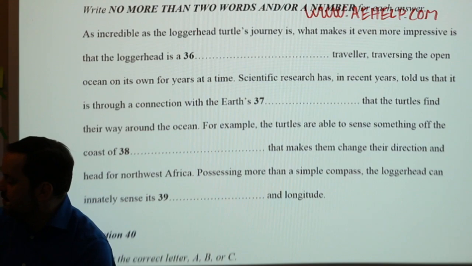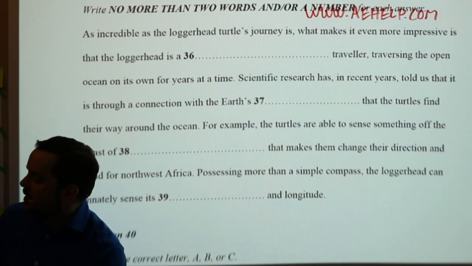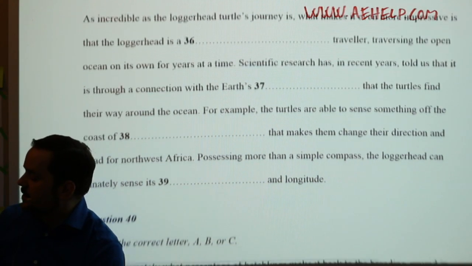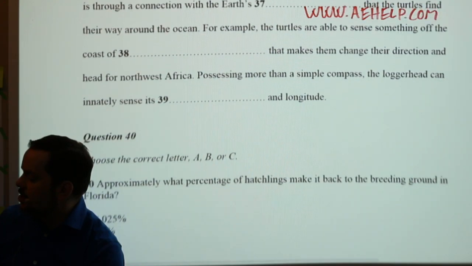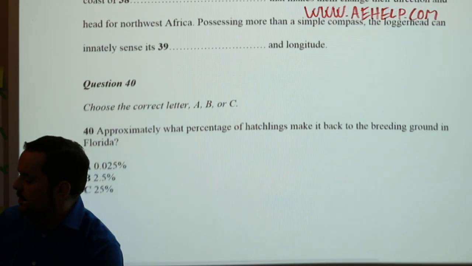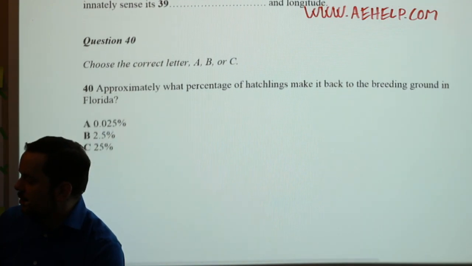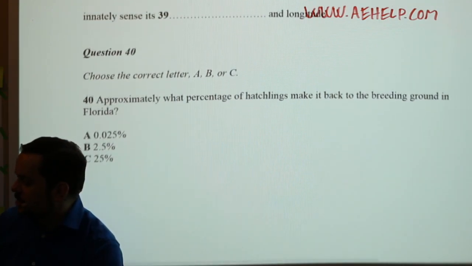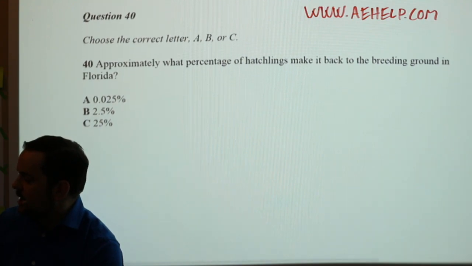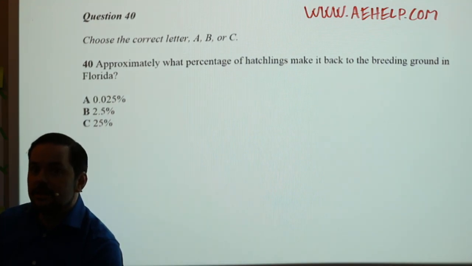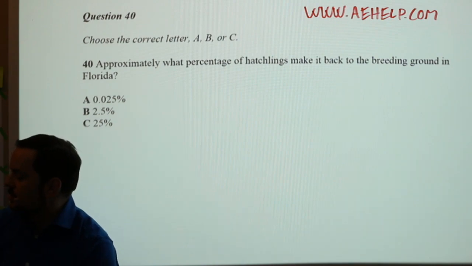Possessing more than a simple compass, the loggerhead can innately sense its something and longitude. You can probably guess what 39 is if you know the other word for beside longitude. Okay, question 40. It's choosing the correct answer, multiple choice.